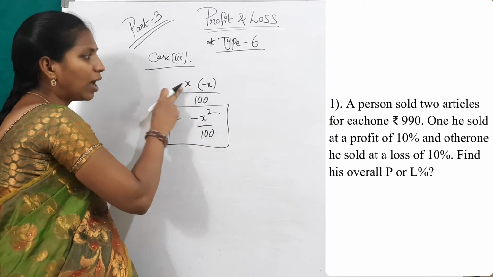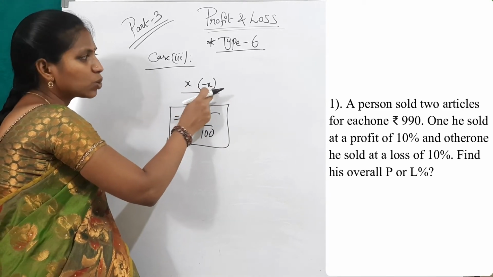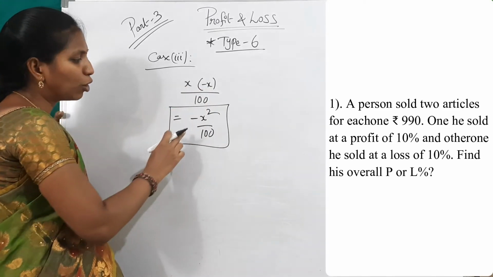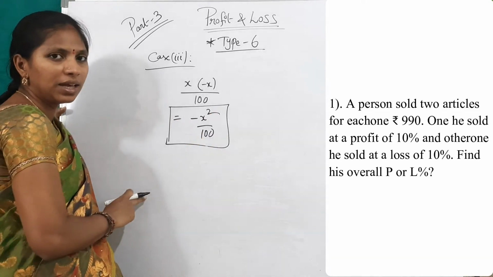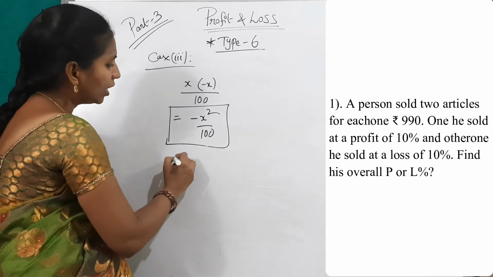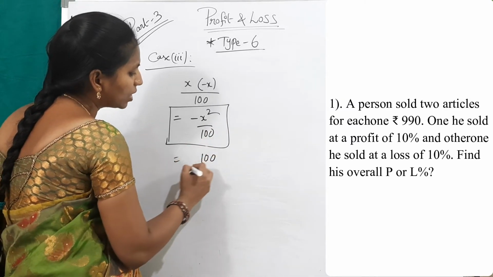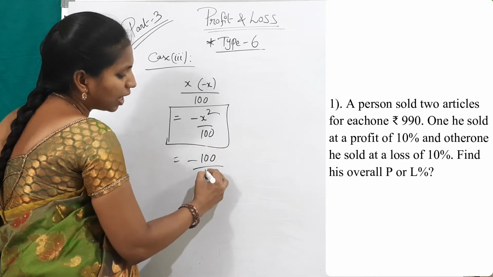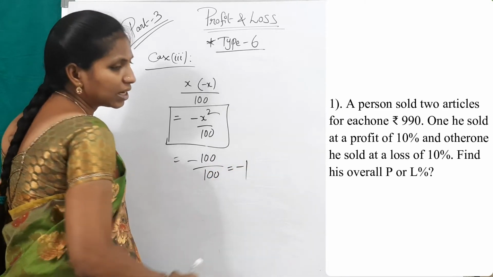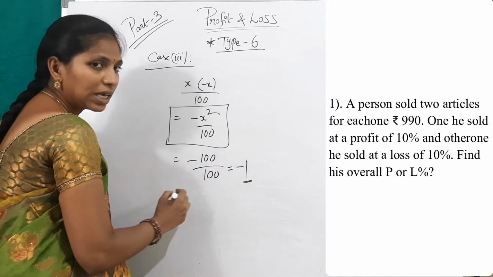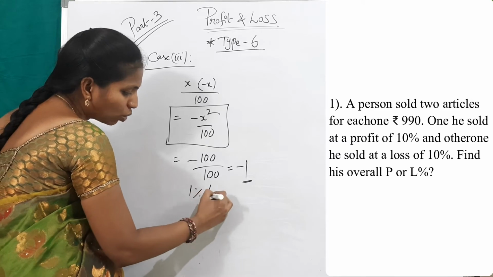So profit value and loss means minus value by 100 is the formula: minus x square by 100. Here the given percentage is 10. So 10 square means 100, minus 100 by 100, that equals minus 1. Minus 1 means here 1% loss.